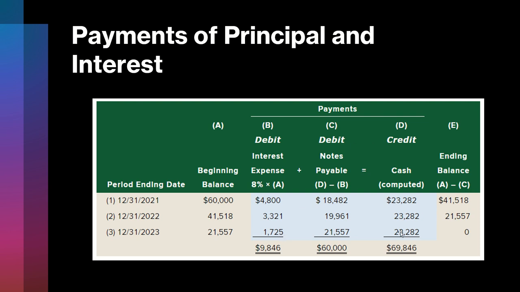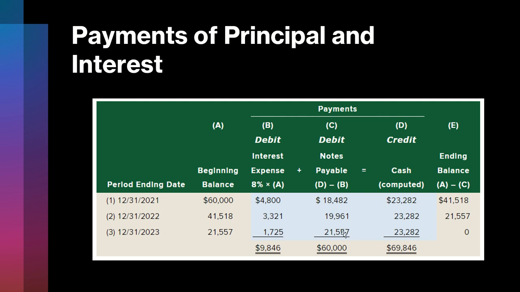Going over to column D, taking the annual cash payment of $23,282 and subtracting the interest expense, the remaining $21,557, which is $23,282 minus $1,725, gives you a balance of zero, meaning that Frank paid off the loan balance in 3 years.